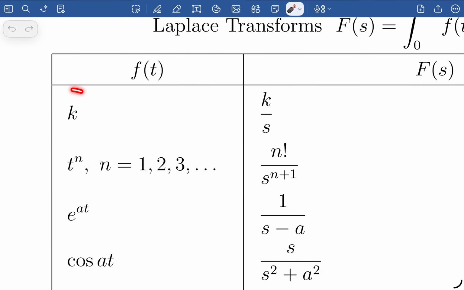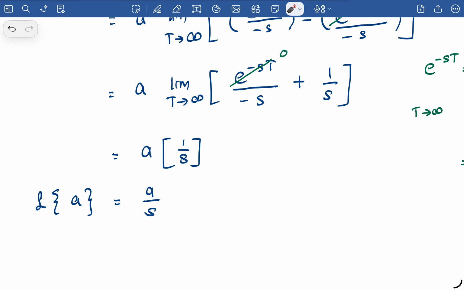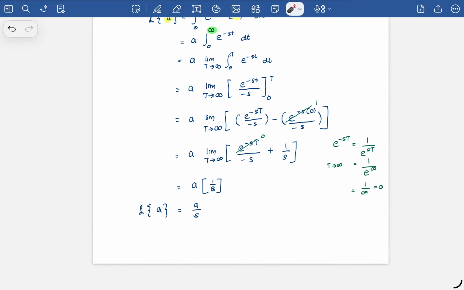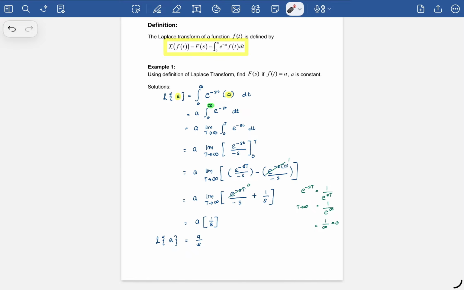You are given a constant k, and the Laplace transformation for this constant k is given by k over s. So how do we get k over s? Just by using the definition like this.